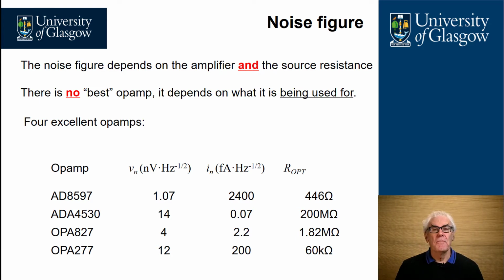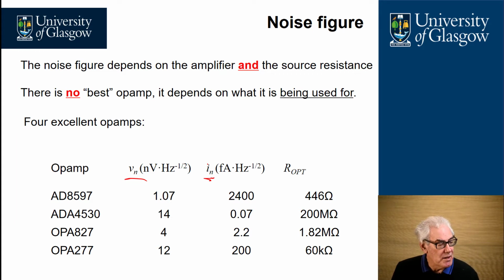If we look at some typical amplifiers, I've identified 4 fairly good amplifiers here, and we can look at the noise voltage and the noise current. And each of these amplifiers has been optimized for different particular source resistances to get the optimum noise performance.